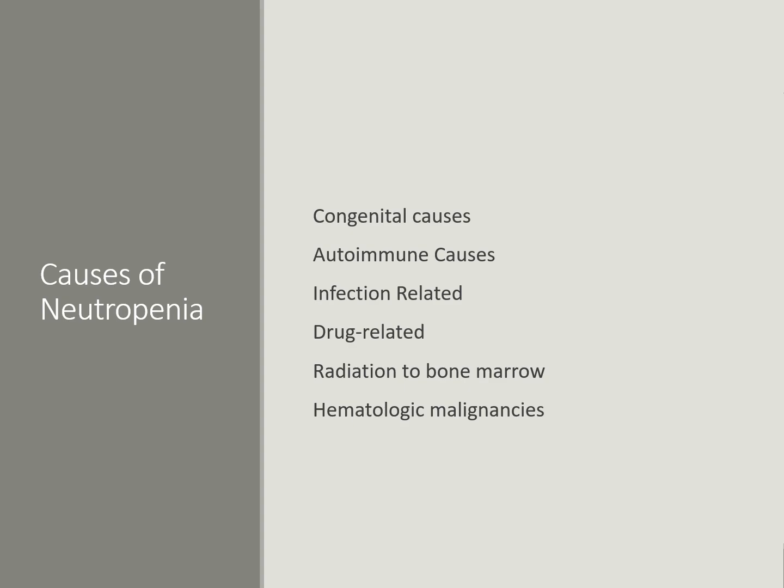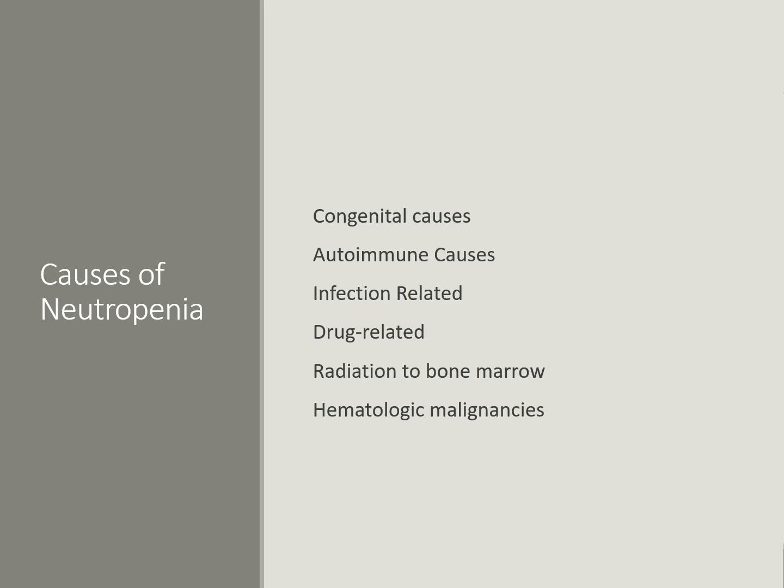There are also autoimmune causes of neutropenia. They're usually secondary to disorders like lupus or something called Felty syndrome that we see in patients with rheumatoid arthritis. There are cases of what we call primary autoimmune, where the autoimmune destruction is just of the neutrophils themselves, but that's very rare. It's usually a secondary autoimmune cause.